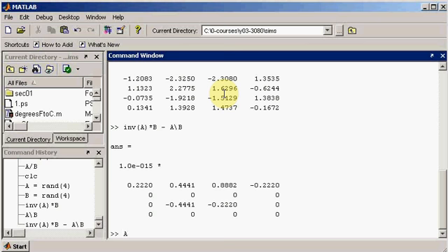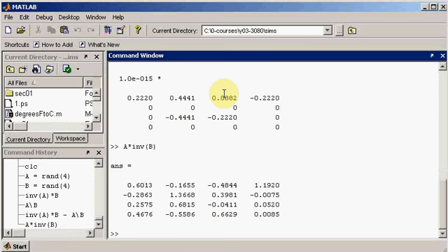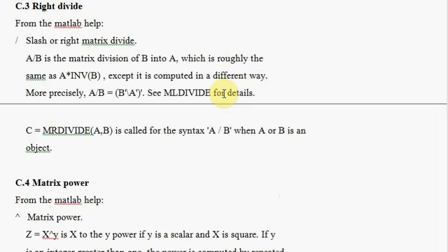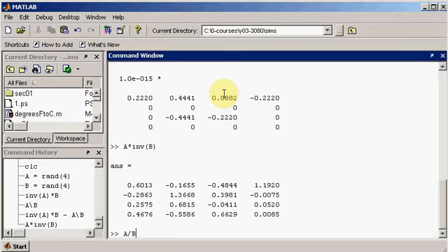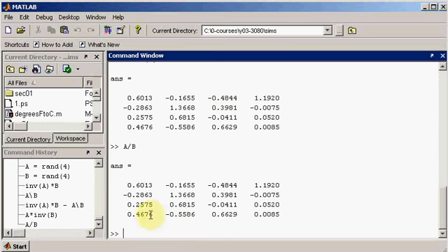So A times inverse of B, right, is that, and the operator is A forward slash B, like that, and you can see similar results there.